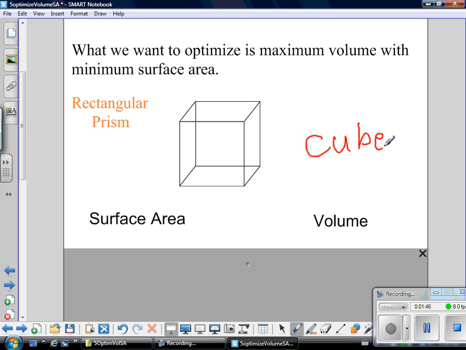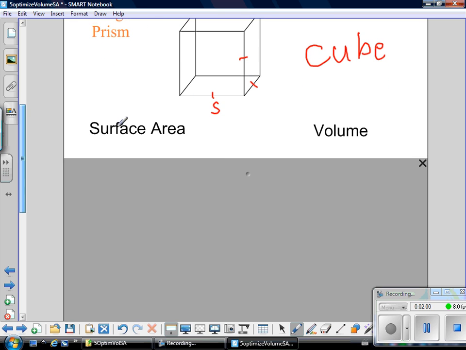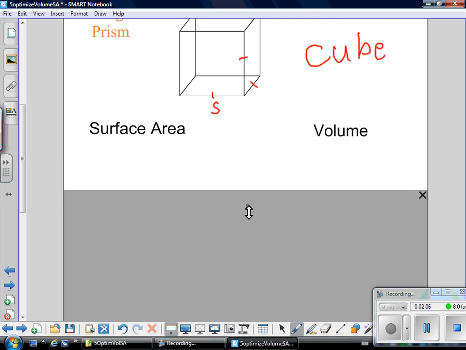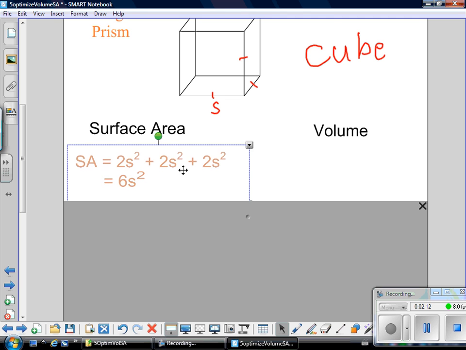Now, when we're talking about a cube, remember all of the dimensions are the same. So in many cases, just like when we did the square, we use an s for the side length. If we talk about the surface area, remember there are 6 faces on a rectangular prism, so 6 faces on our cube.